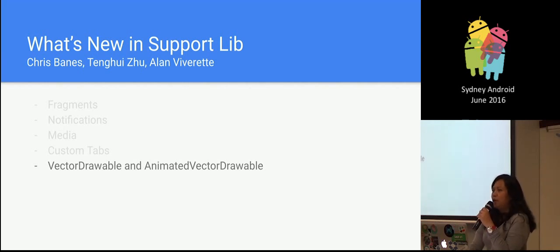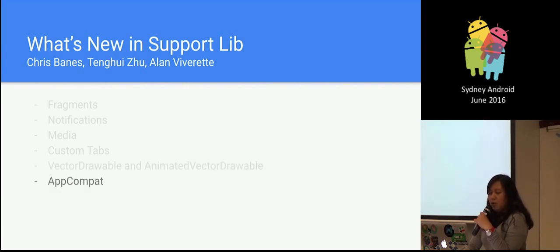If you want to know what happened there, like what the memory leak was and how it came about, watch this talk because Chris Baines talked at length about it. They also talked about how you can use it in your app and how you can migrate from your current PNGs to vector drawables and animated vector drawables. Lots of code samples they showed in their talk.